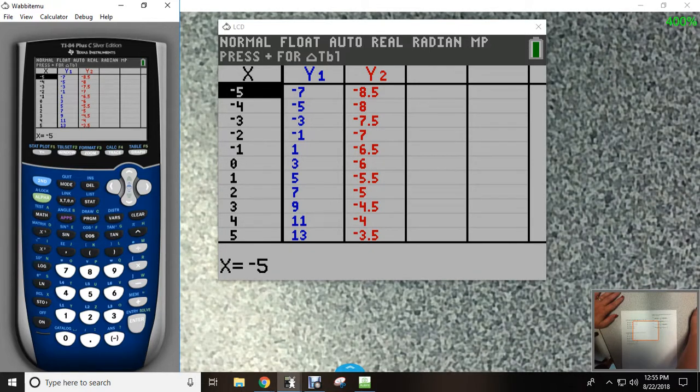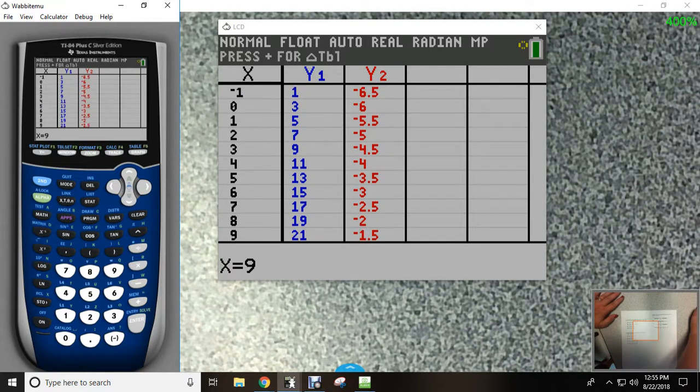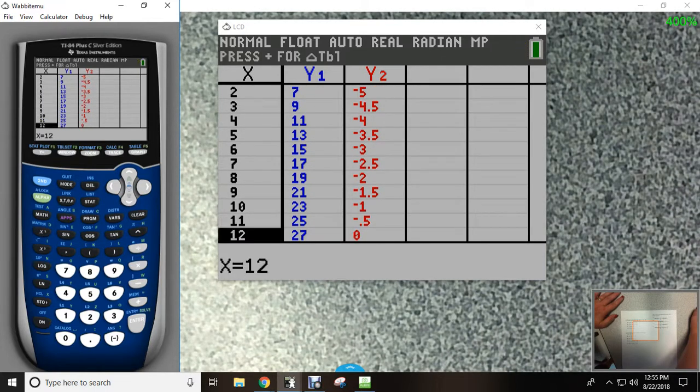If it touches the x-axis, which part of the ordered pair is going to have a 0? The y does. So I want to scroll down until in the red column I have a 0, so I know that my x value that goes with that is 12. That's another way of finding the intercept when it's too difficult to see it on your graph.